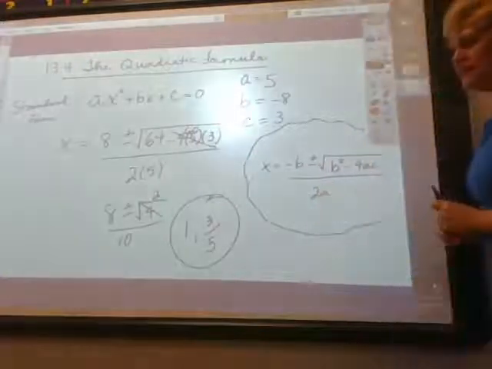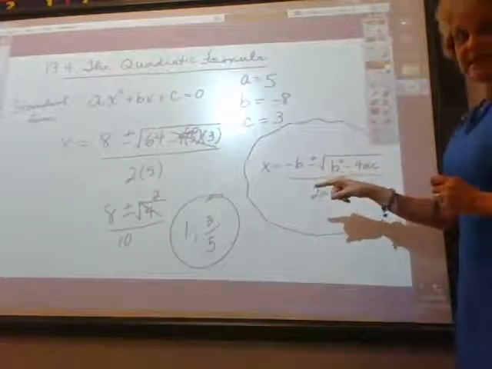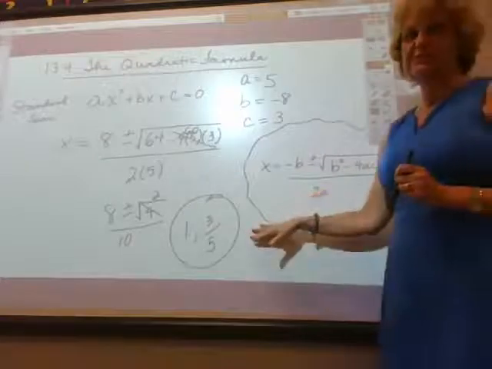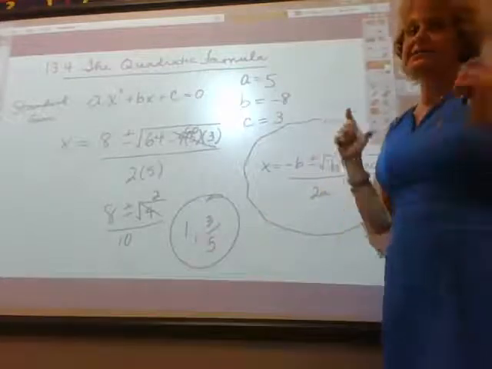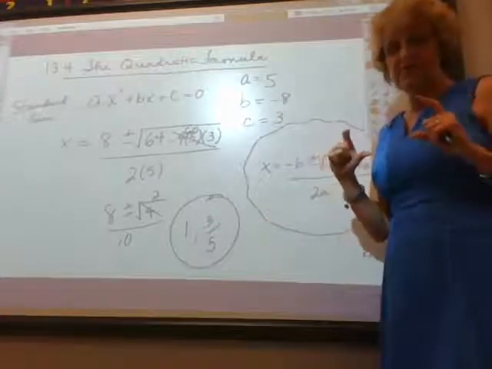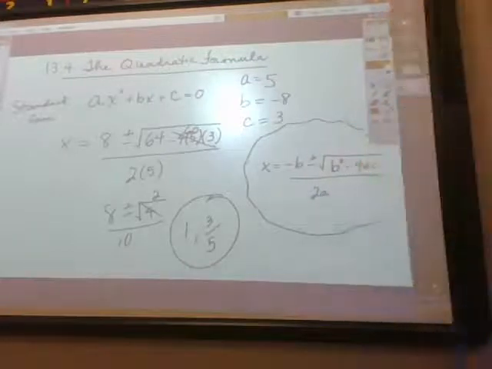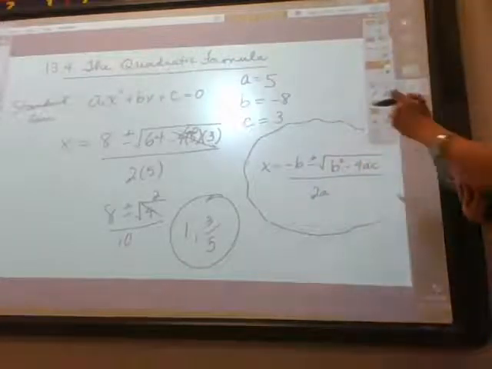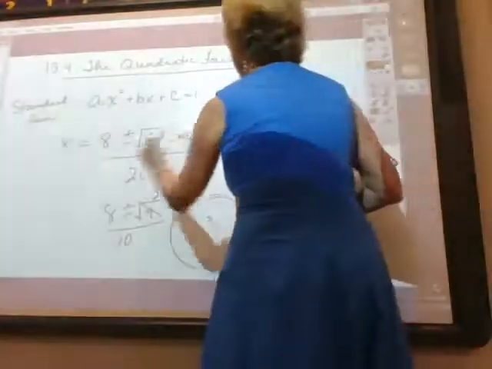Now, knowing that's the case, I have rational numbers. I could have done trial and error with that equation. It would have worked out. In fact, I'll go ahead and show it to you. I just want to kind of prove it.